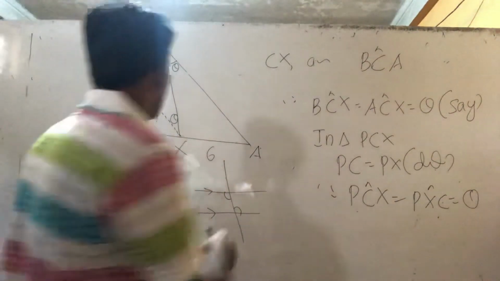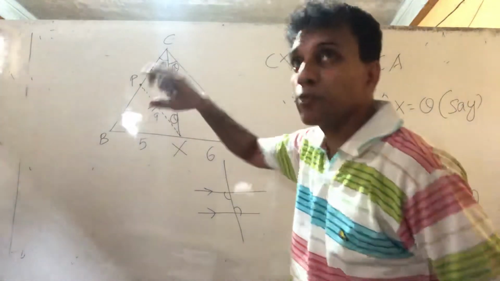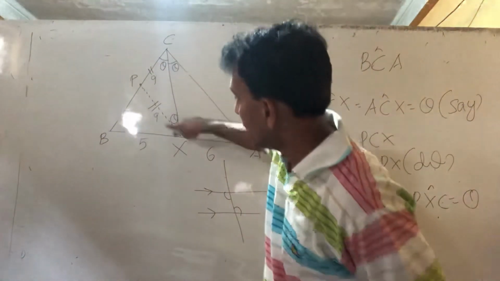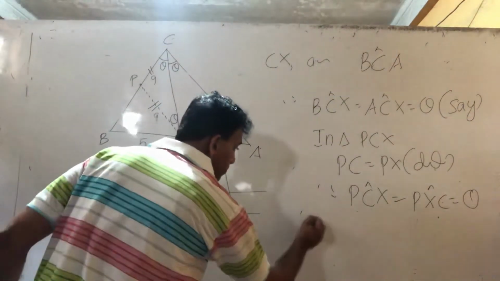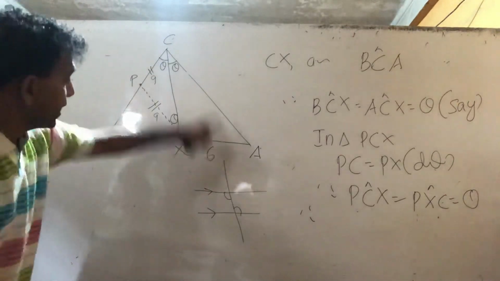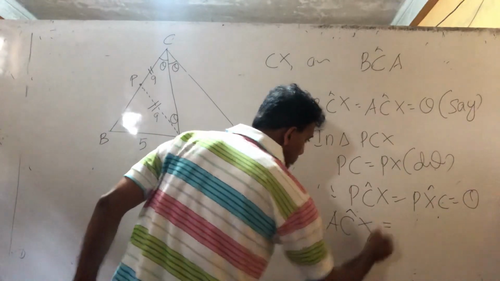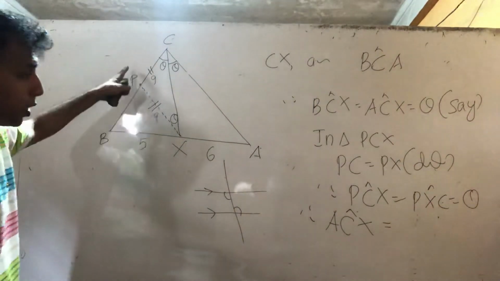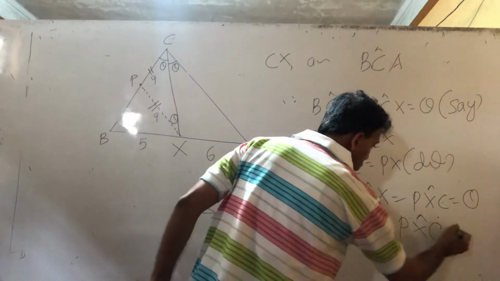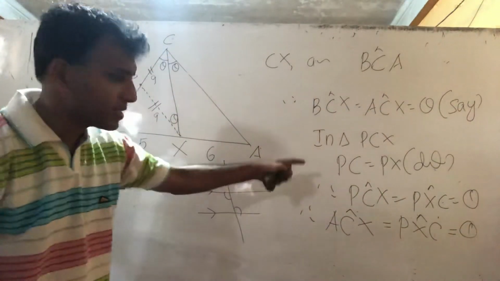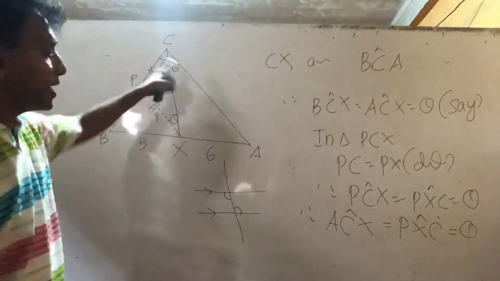Then you come to this. Here finally we have theta. Check the parallel properly. Here and there mean alternate angles. Therefore angle ACX equals angle PXC equals theta. It is a simple way of arriving at the conclusion. If it's 50 here, 50 here, that's like an alternate.